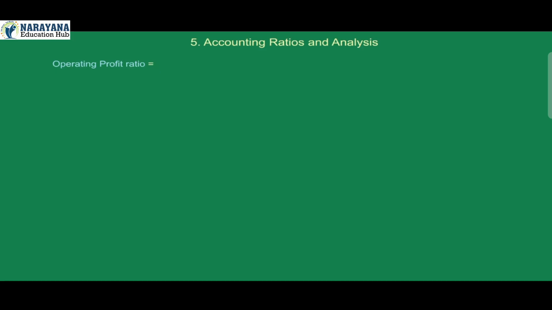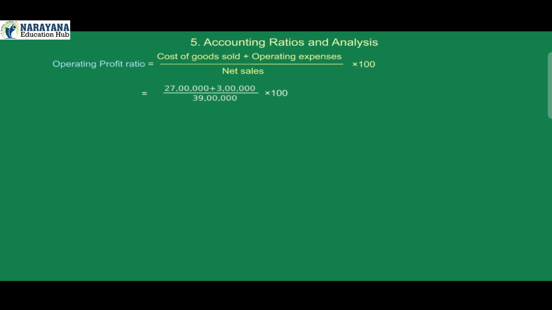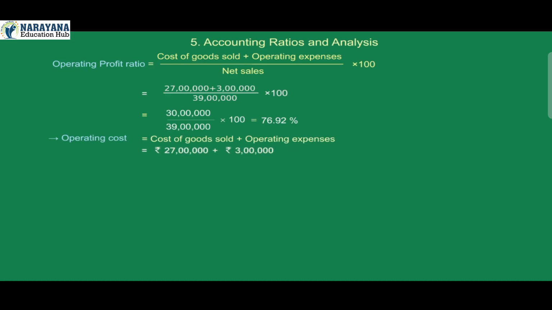1. Operating ratio is equal to cost of goods sold plus operating expenses divided by net sales into 100, is equal to 27 lakh plus 3 lakh divided by 39 lakh into 100, is equal to 30 lakh divided by 39 lakh into 100, is equal to 76.92%. Operating cost is equal to cost of goods sold plus operating expenses, is equal to 27 lakh plus 3 lakh, is equal to 30 lakh.